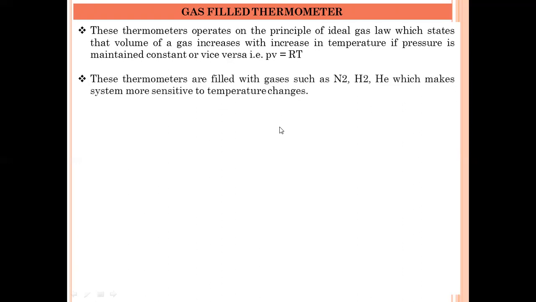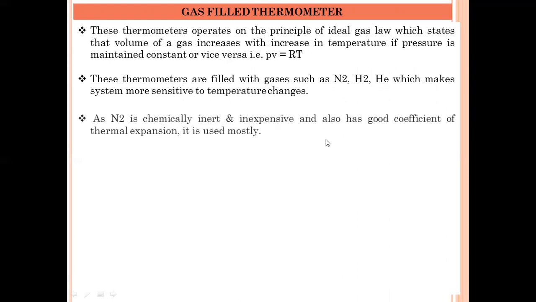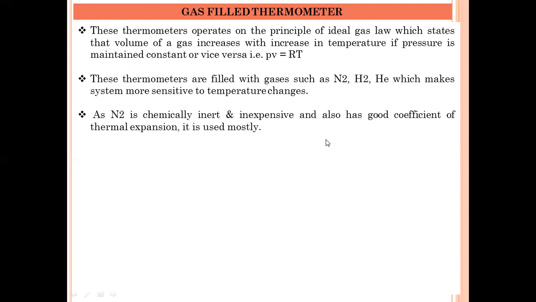This type of thermometer is generally filled with gases such as nitrogen, hydrogen or helium, which makes the system more sensitive to temperature. Generally nitrogen gas is used because it is chemically inert, inexpensive, and has a good coefficient of thermal expansion.